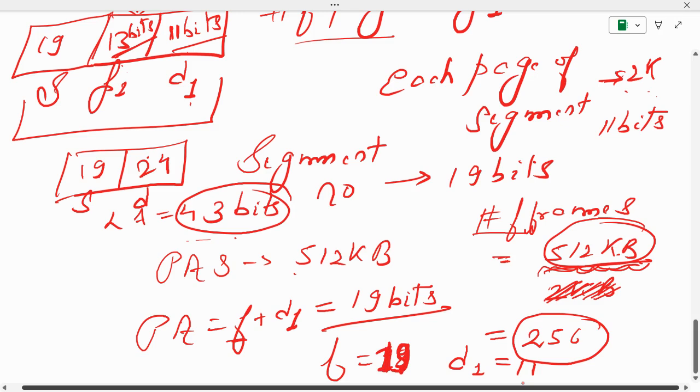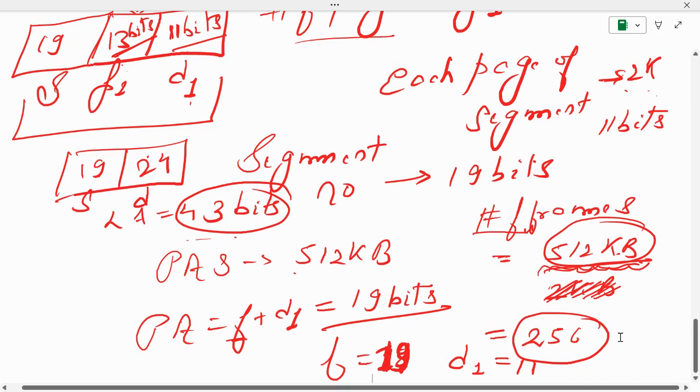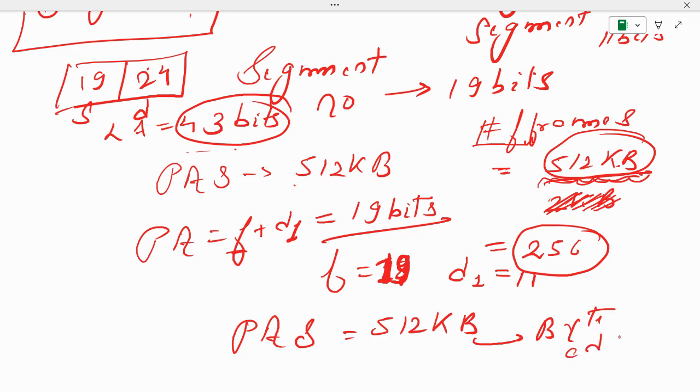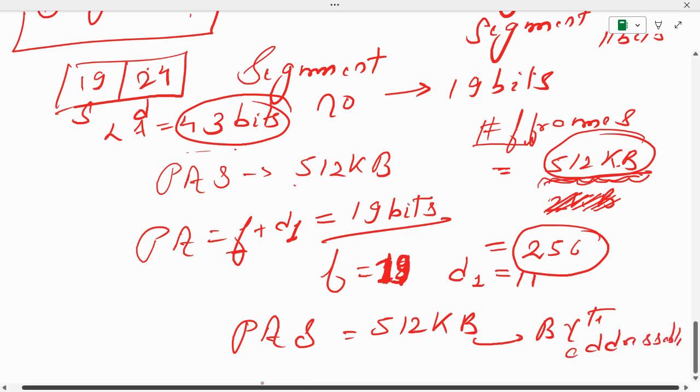The number of frames is 19 bits because PAS is 512 kilobyte. I got confused here. PAS is 512 kilobyte, and memory is byte addressable. Okay. So the number of frames is equal to 512K, and that is equal to 2 raised to the power 19.